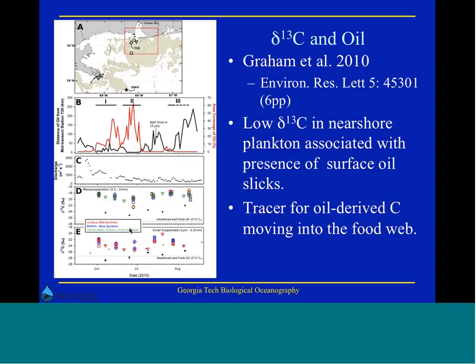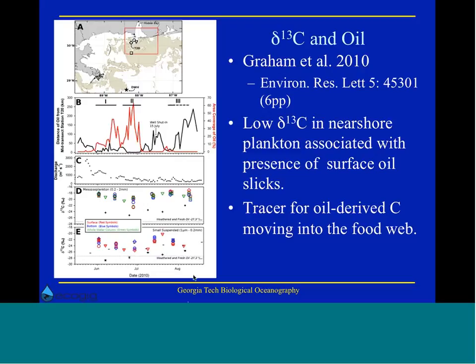What that means is that if we have typical marine organic matter, we ought to see values that are towards the top of panel E, where we have a very heavy contribution of oil or carbon derived from oil. We ought to be close to that dashed horizontal line.